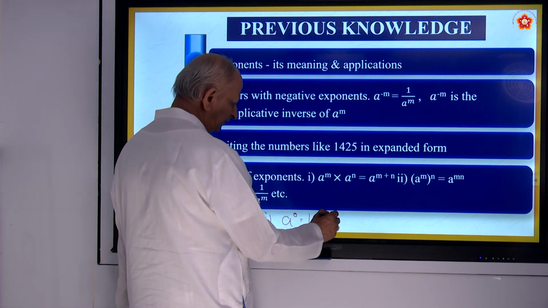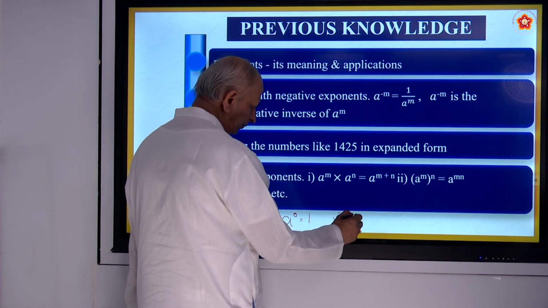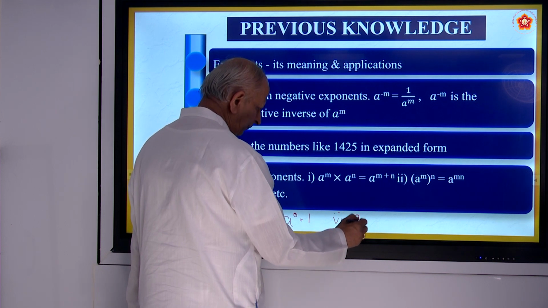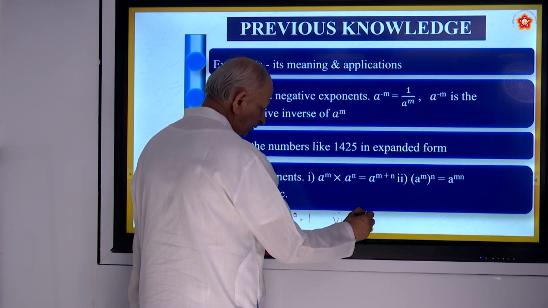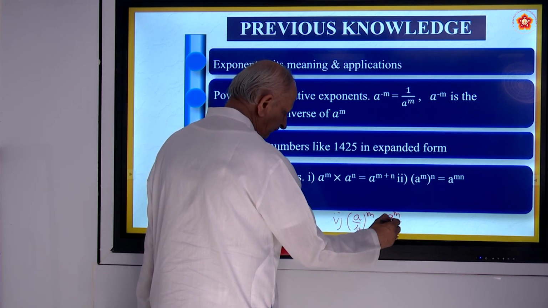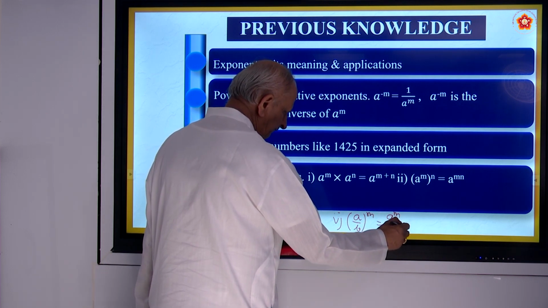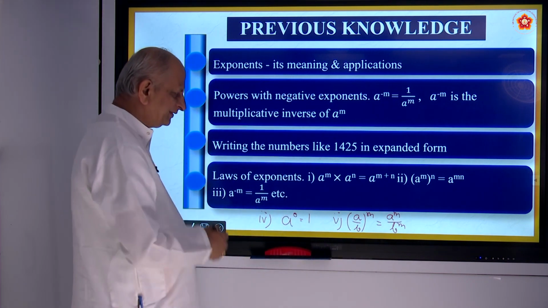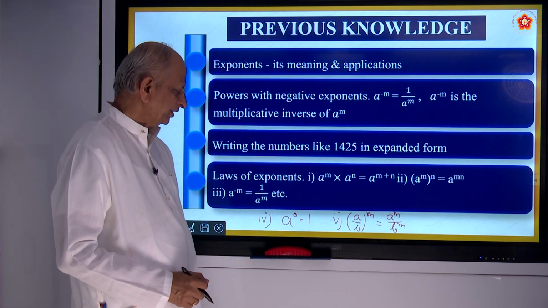And another one is a by b, the whole to the power of m, is equal to a to the power of m by b to the power of m. Correct? That's also a law.